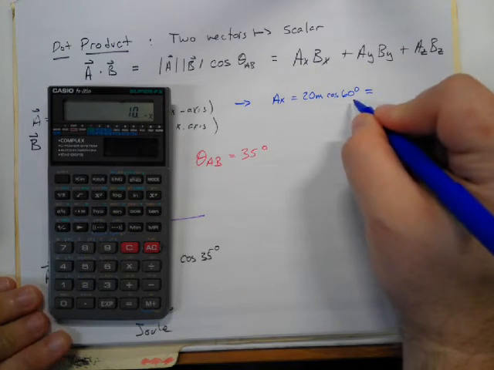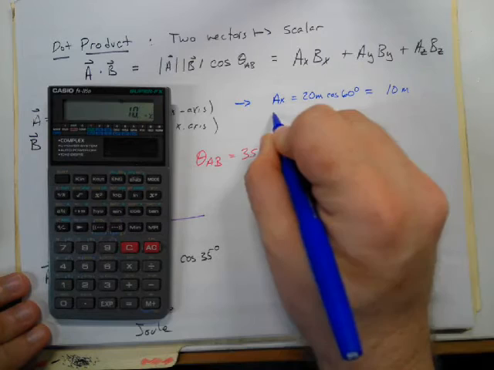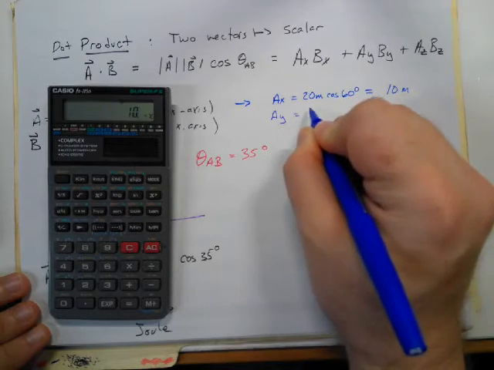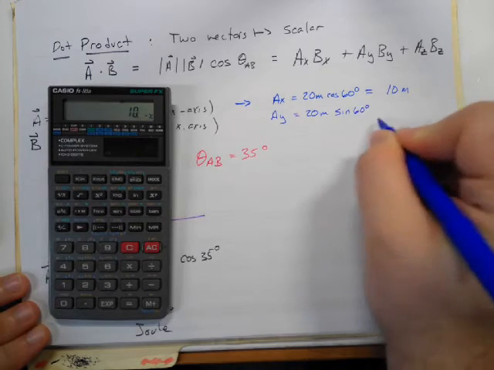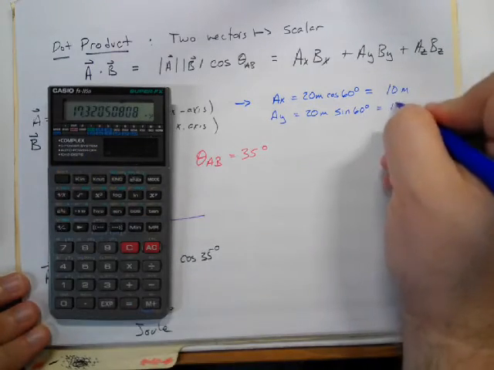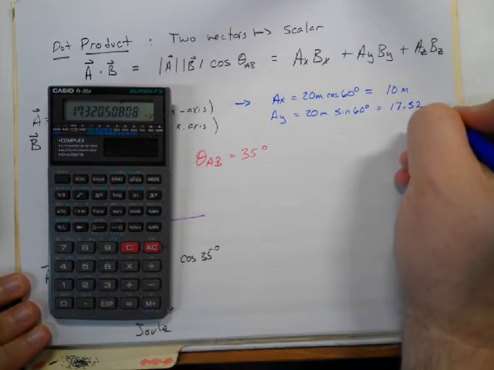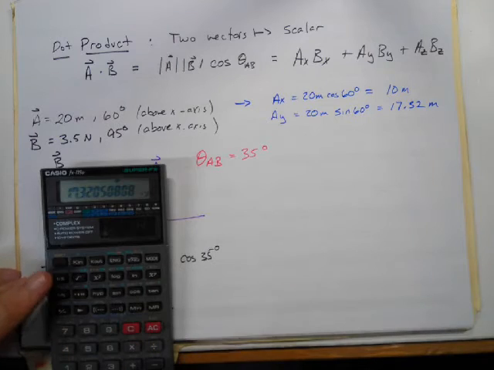Well, cosine 60 should be 1/2, so this is going to be 10 meters. A sub y is going to be 20 meters sine 60 degrees. That's going to be square root of 3 over 2. And that gives us 17.32 meters. And then we do the same thing for B.